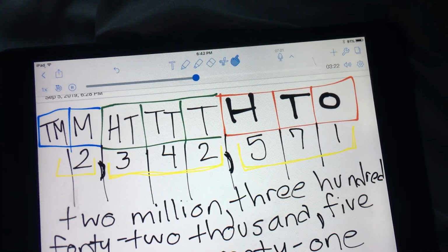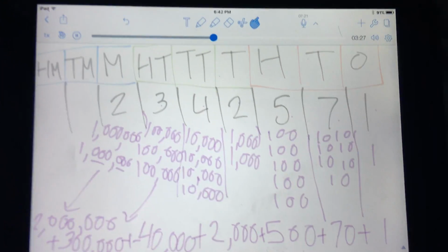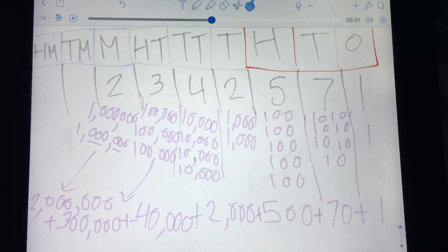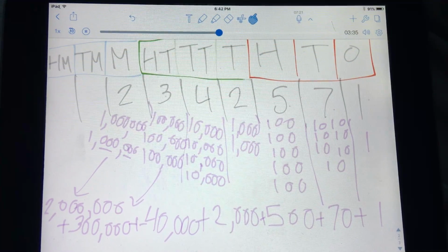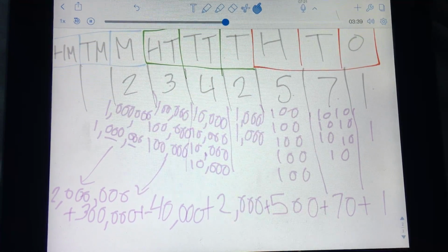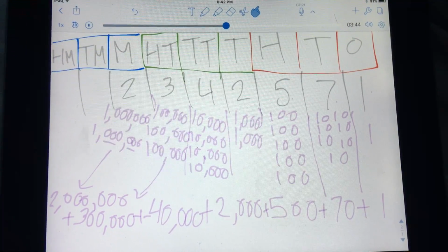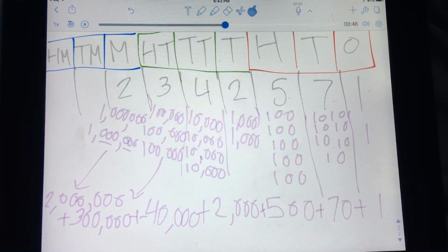Okay, but let's say I needed that in expanded form, which is what most kids freak out on. So I'm going to go ahead and make that chart again. Got a units period, a thousands period. I could probably fit the whole millions period this time. Yes, I can. And once you get used to all your place values, you don't have to always be making charts.